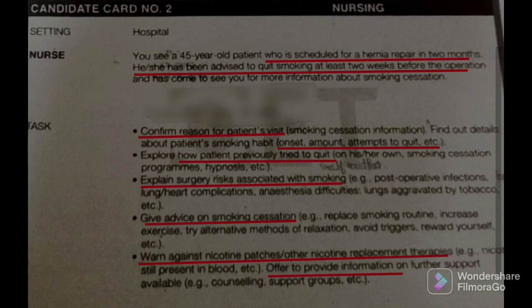So please find out the causative factor which stimulates you to smoke, and try to avoid those triggers. And I would like to tell you that if you quit smoking, there are many benefits in your life. You can avoid many complications related to the lungs, and the quality of your life can be ensured.